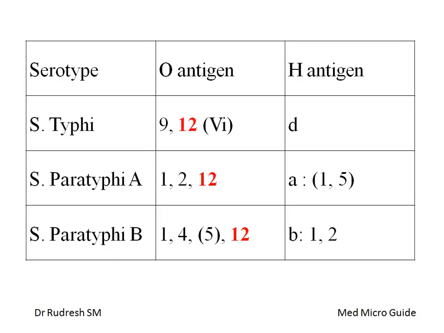In the Widal test, we employ only one O antigen and detect the H antigens of typhi, paratyphi A and B. We use only one O antigen because factor 12 of the O antigen is shared by all three species, that is typhi, paratyphi A and B. Because of the common factor 12, we use one O antigen and different H antigens for the different species.